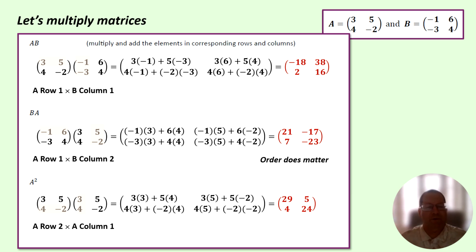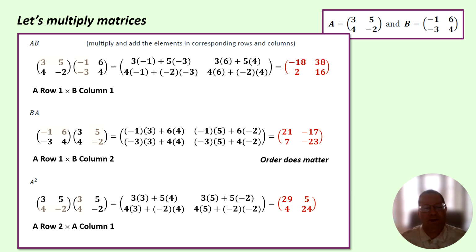So for row 2 in A and column 2 in B, we do 4 times 6 plus negative 2 times 4, which is 16. When we work out BA, in BA I've illustrated row 1 of A times column 2 of B. We're doing negative 1 times 5 plus 6 times negative 2, which is negative 17.